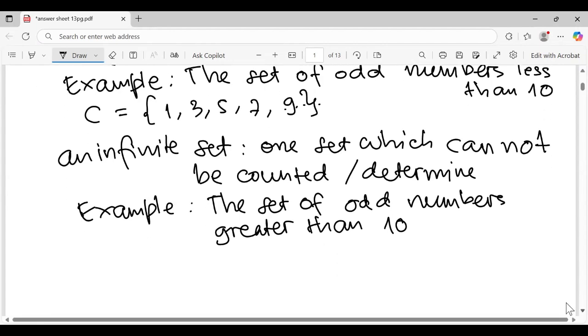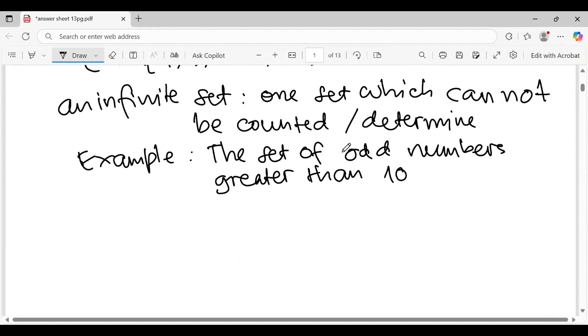If the set name is set D, we can write it like this: 11, 13, 15, and so on. So the members of set D are infinite.